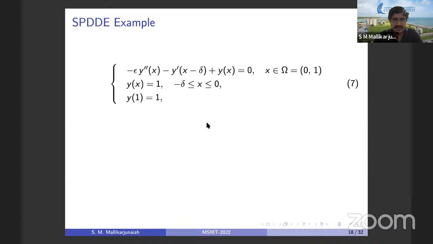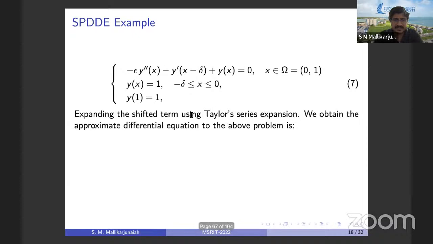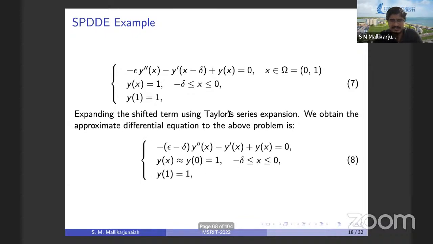Now I do like I did before. I'm going to expand y prime of x minus delta so that I don't keep that delay argument. I expand and get a new updated boundary value problem that looks like this.